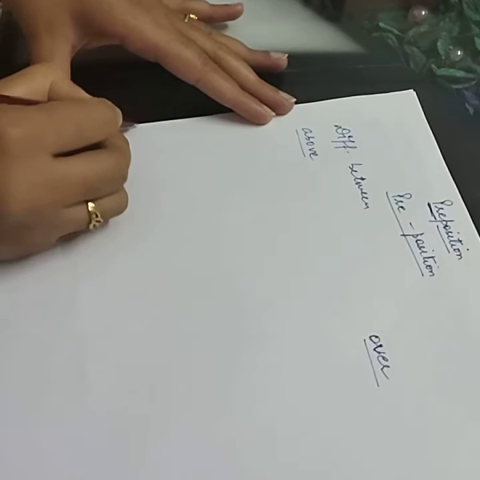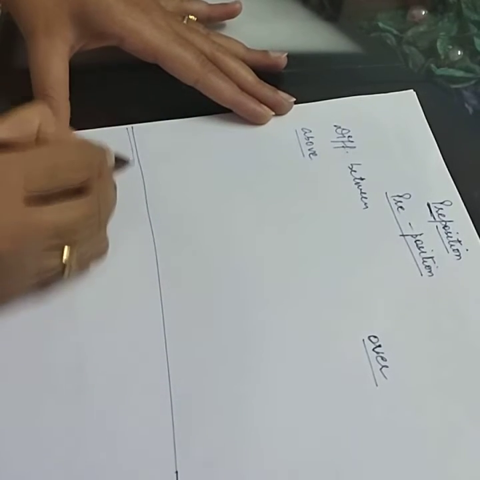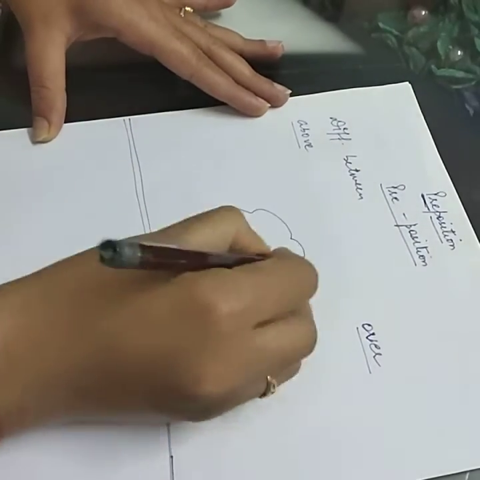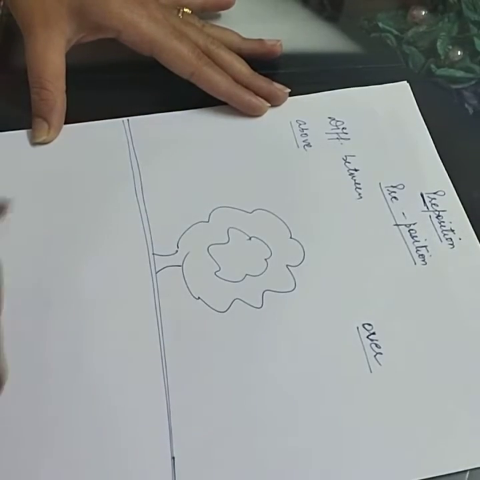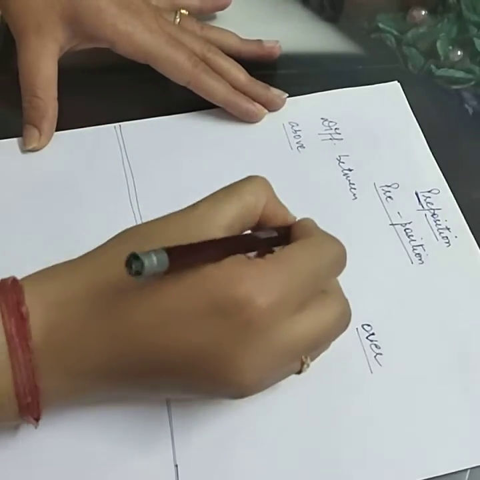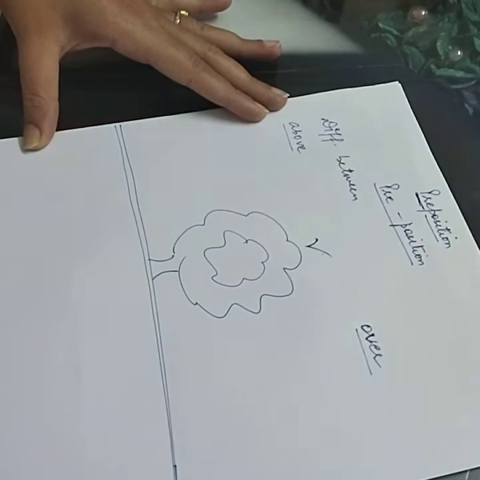Let's take an example. I have a surface here. Just imagine here is a tree. Sorry, my drawing is not very good. And here is a bird. So what will you say?